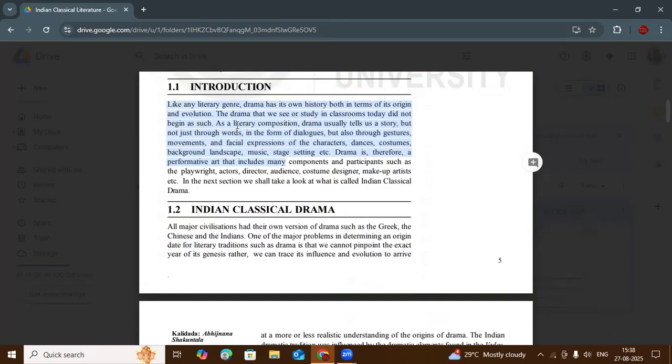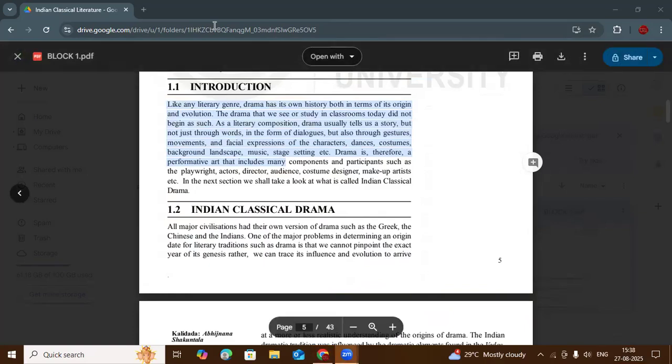As a literary composition, drama usually tells us a story, but not just through words in the form of dialogues, but also through gestures, movements, and the facial expressions of the characters, dances, costumes, background, landscape, music, stage setting, etc. Drama is therefore a performative art that includes many components and participants, such as the playwright, actors, director, audience, costume designer, makeup artists, etc. In the next section, we shall take a look at what is called Indian classical drama.